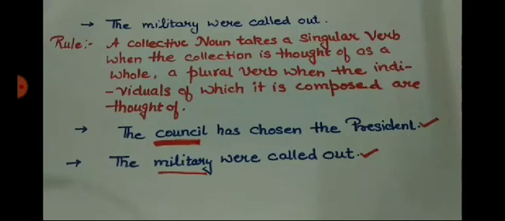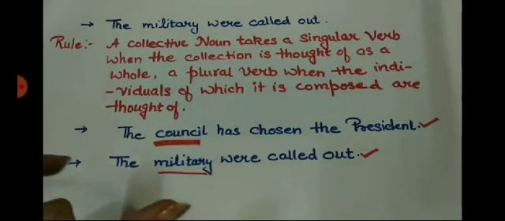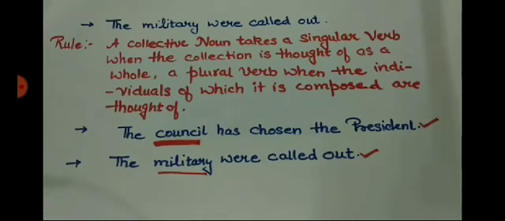Try to understand this. If I say, the council has chosen the president, in this case I am talking about the council as a whole. I am not talking about a single person here. But in the second sentence, the military were called out, I am talking about the number of people of which the military is composed.